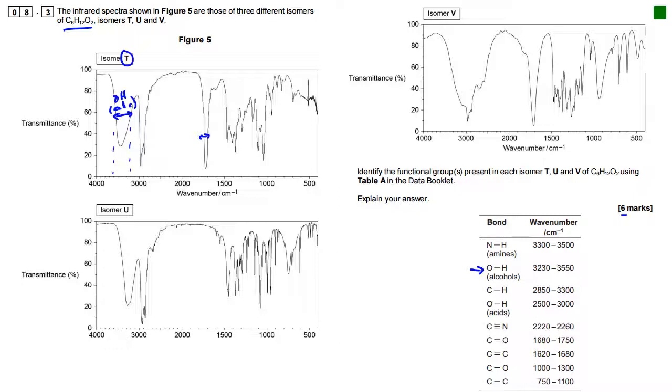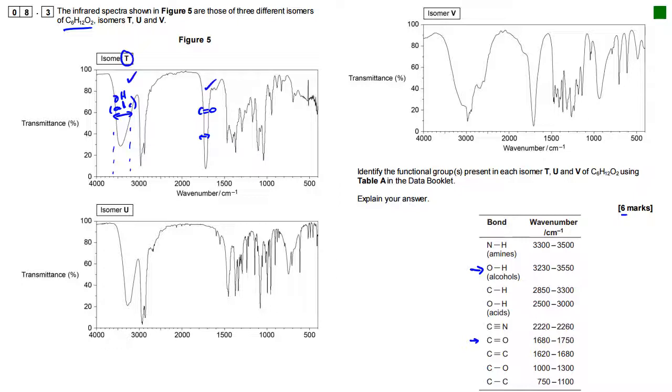So this is going to be our carbonyl group here. So there's one carbonyl group, functional group, and one hydroxyl group from an alcohol, not an acid, in isomer T. So it's not a carboxylic acid. So there's going to be 1 mark for saying this and another mark for saying this.